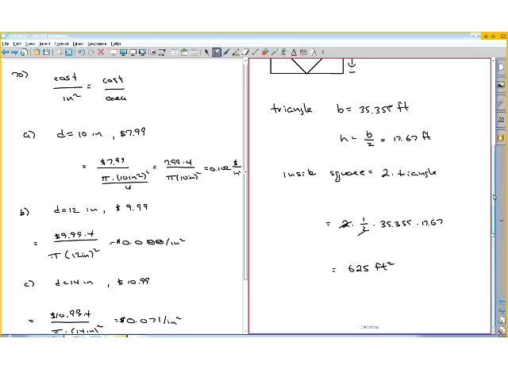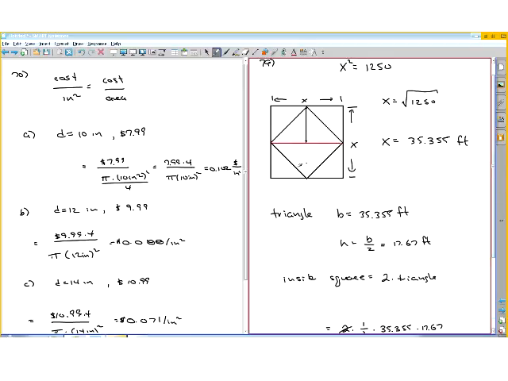And how does that compare? That's half. So the area of the inside square is 1/2 the area of the big square. So that would be one way of doing it.